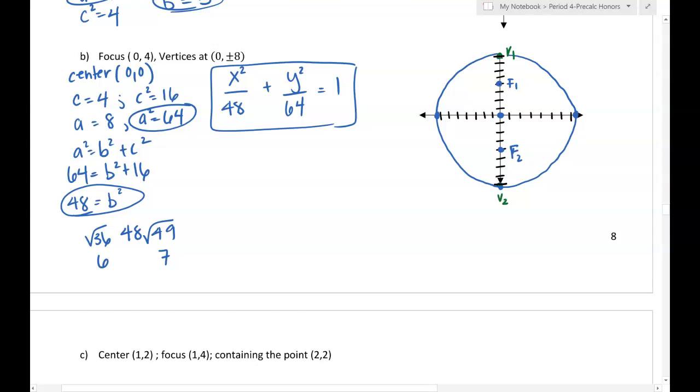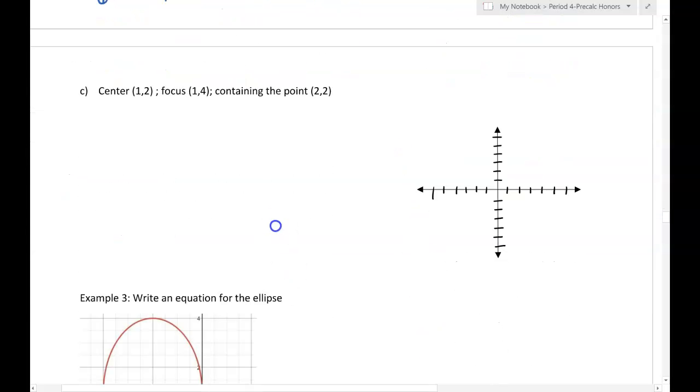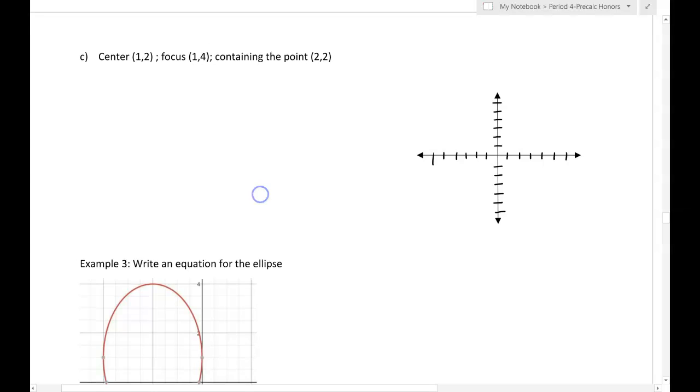Let's go do the last one, example 3. All right, center is 1, 2. So center, check. Focus is 1, 4. If you know focus 1, because you added 2 units from the center, you can subtract 2 units to go to focus number 2.